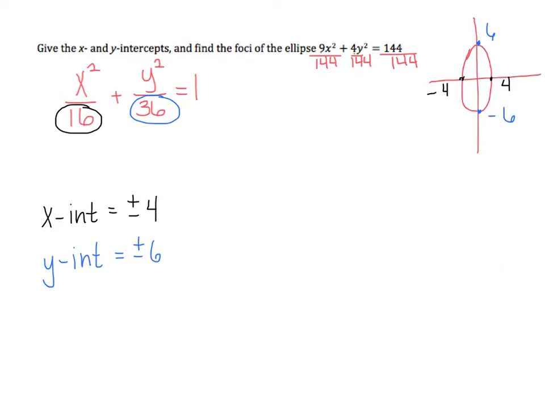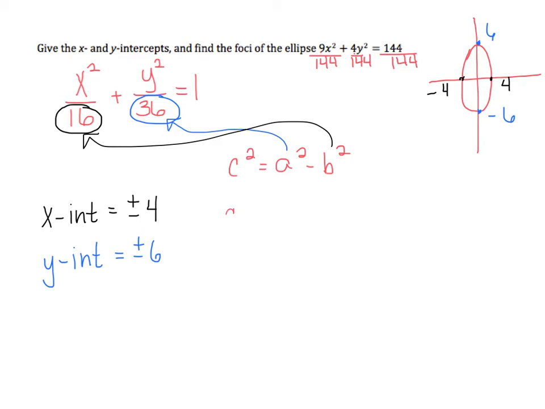To find the foci, I have to use that equation, c squared is equal to a squared minus b squared. Another one of those bizarre nuances that we have to pay attention to is that a squared is always the larger number, so that's a squared. And this is b squared.